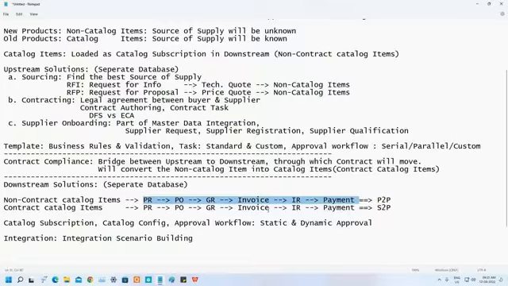What about master data? Company code, purchasing organization, purchasing group, all those things you also have to decide where they will be maintained and where they will be replicated. That is called integration scenario building. And as a functional consultant, you have to decide that.